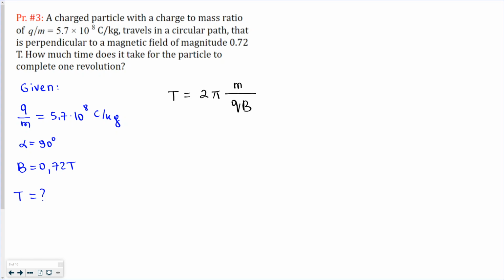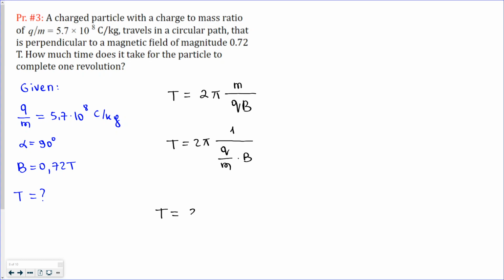We know q over m, so we can rewrite this as follows: 1 over q over m, multiplied by B. Basically, I just divided both the numerator and the denominator by m. And now we can calculate, because we know everything.